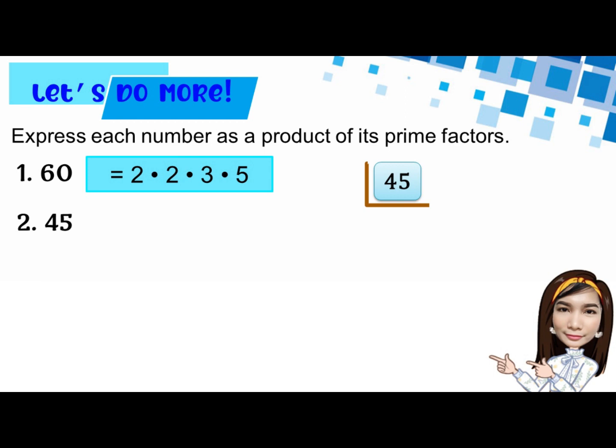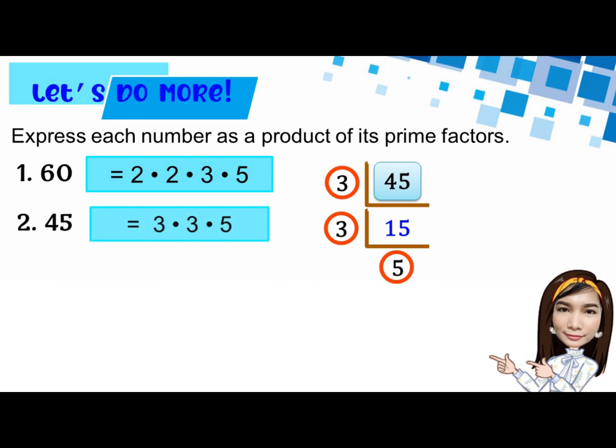So therefore, we use 3. 45 divided by 3, we have 15. And 15 can be divided again by 3, which is 5. And 5 is already a prime. Encircle the primes. So therefore, 45 is equal to 3 times 3 times 5.